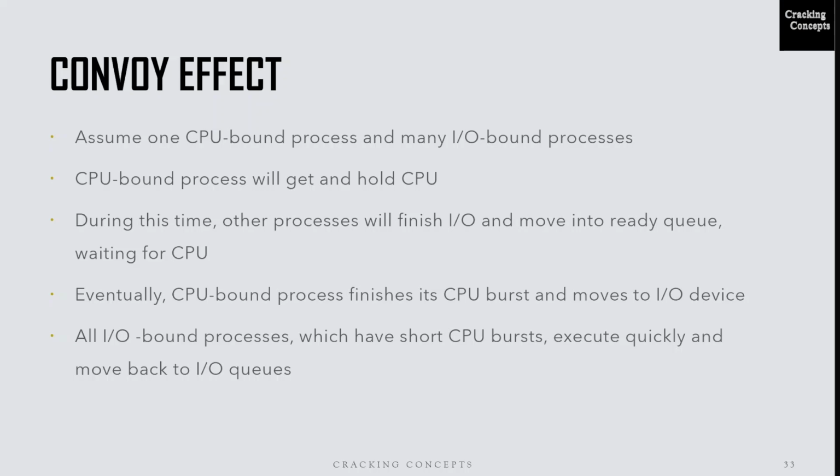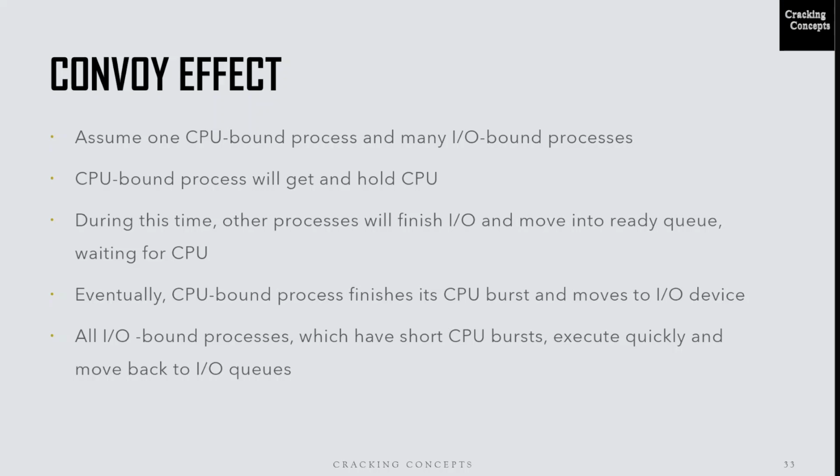Next is convoy effect. Consider the performance of FCFS scheduling in a dynamic situation. Assume that we have one CPU bound process and many IO bound processes. As the processes flow around the system, the following scenario may result. The CPU bound process will get and hold the CPU.